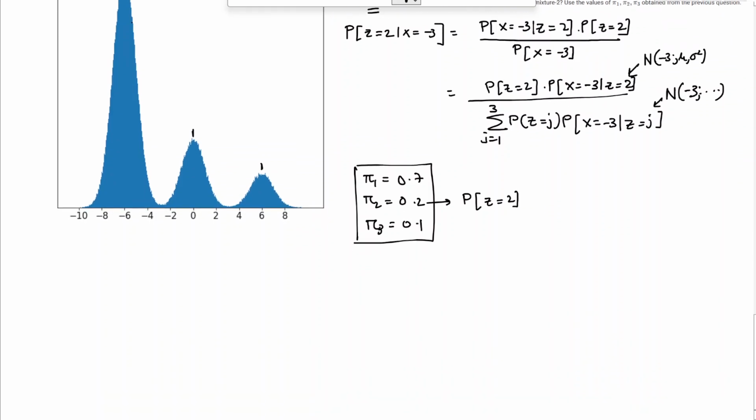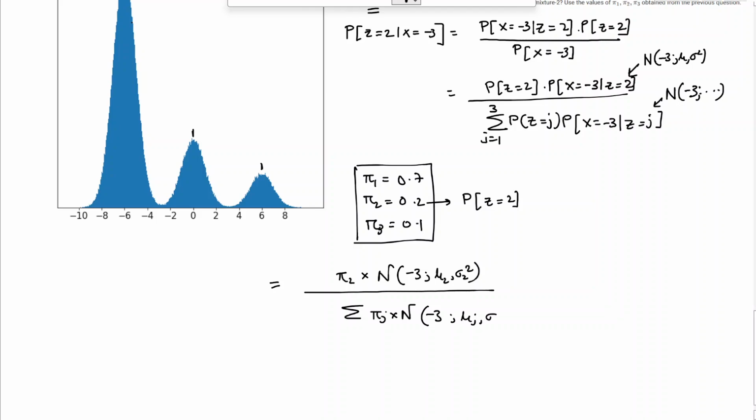So we can write pi2 times normal of -3 given mu2 and sigma 2 square, divided by pi j times the normal PDF of -3 when mu j and sigma j square are given, and then sum them from j equal to 1 to 3, right?